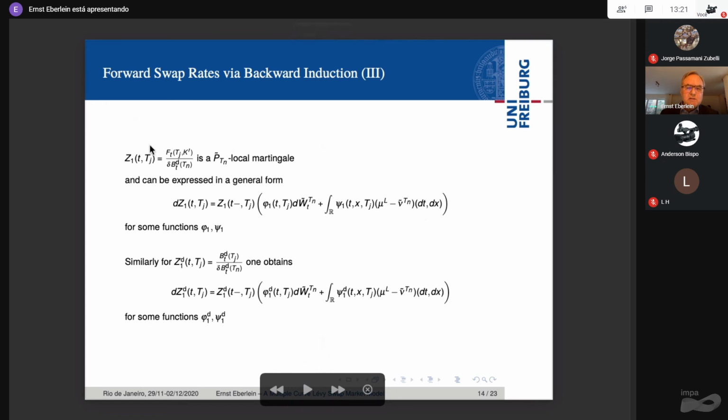Here is this quotient, and since it's a local martingale, it can be expressed under Tn with the Brownian motion corresponding to Tn and the compensator which corresponds to Tn. We do not know so far what these coefficients phi and psi are, but we will derive them. The same can be done for this discounted quantity. We get another equation due to the representation property.